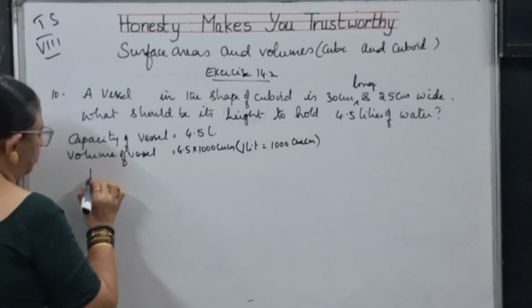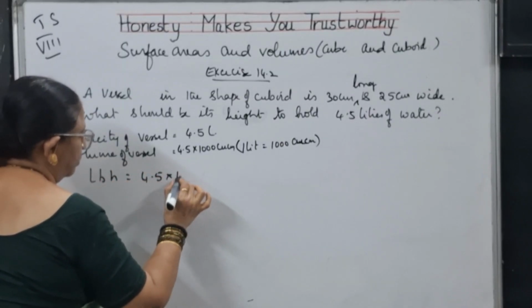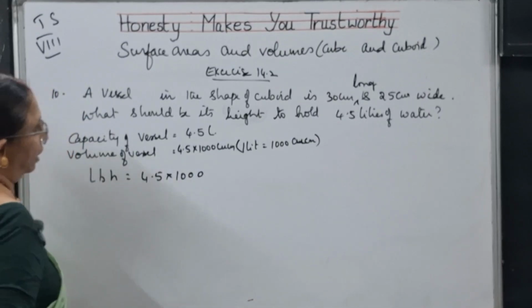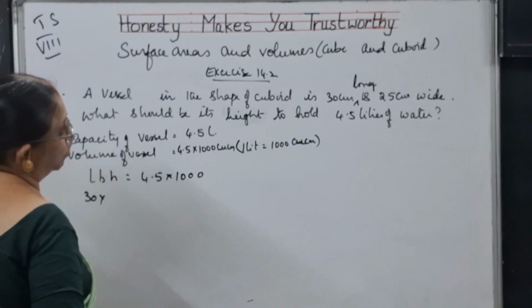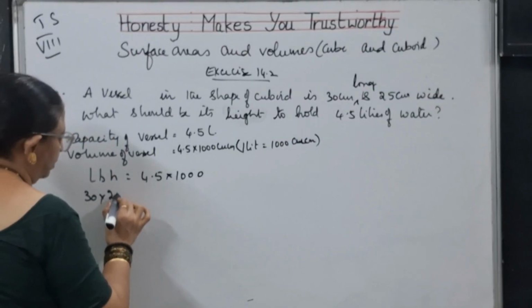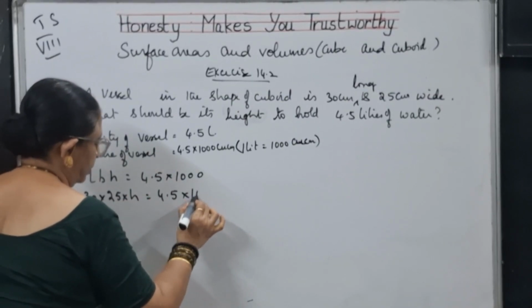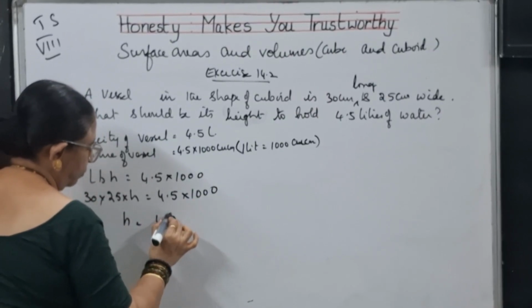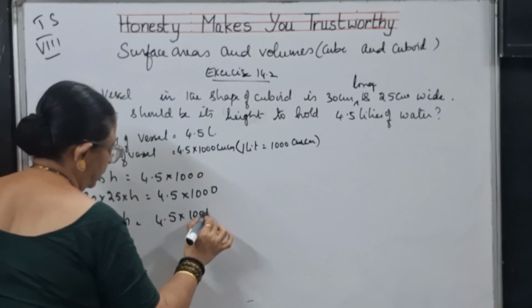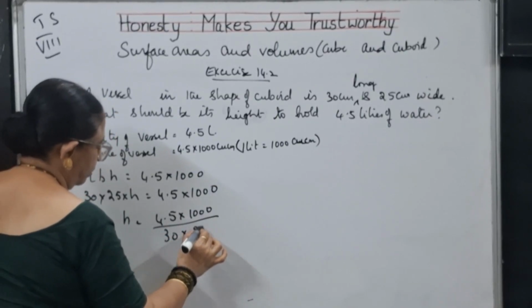Now we know that volume is L into B into H, which is 4.5 into 1000. They have given length as 30 into breadth as 25 into height is equal to 4.5 into 1000. So what is the height? 4.5 into 1000 by 30 into 25.